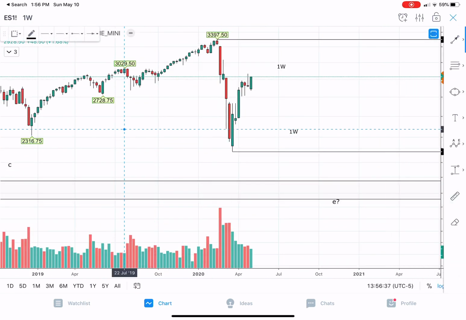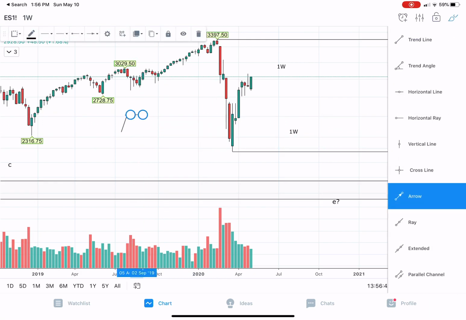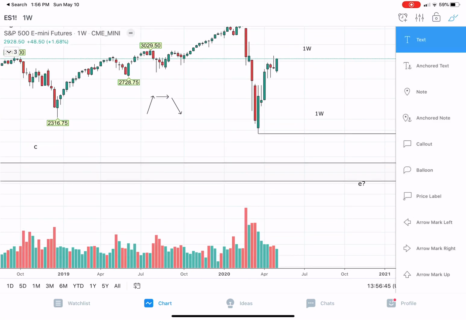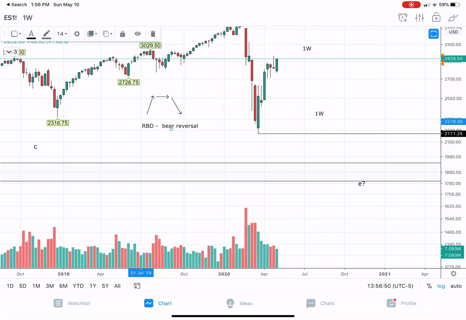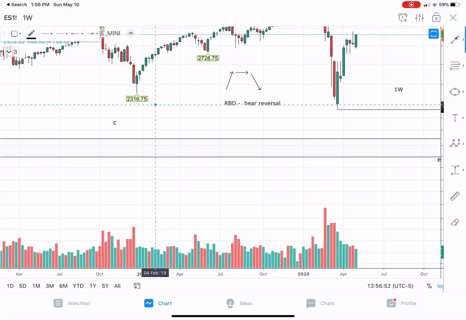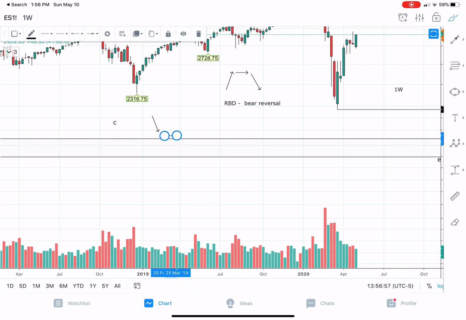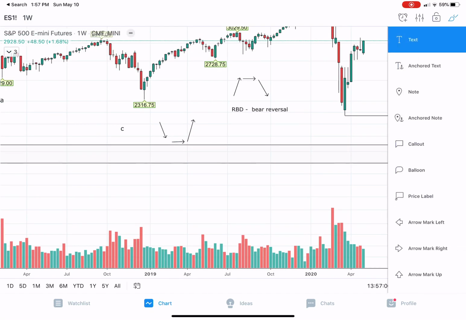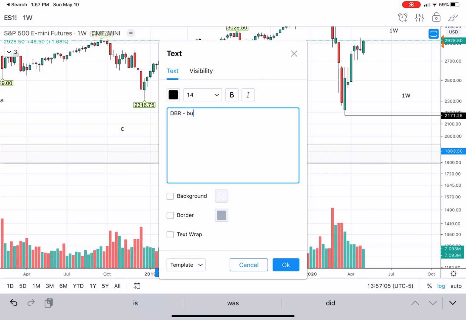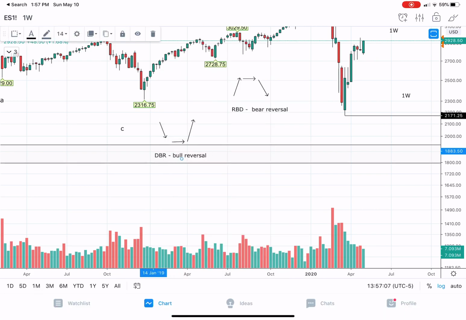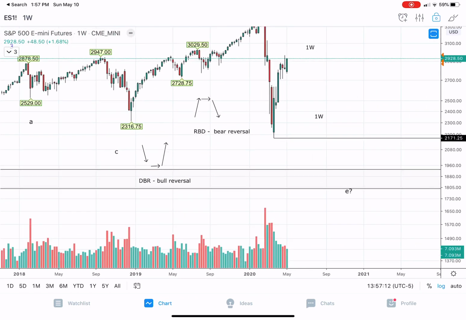Which reversal structures are gonna be your rally, base, drop, or you have your drop, base, rally, which are your drop-base-rally bull reversal. And I'll explain how to determine the strength behind these levels later.